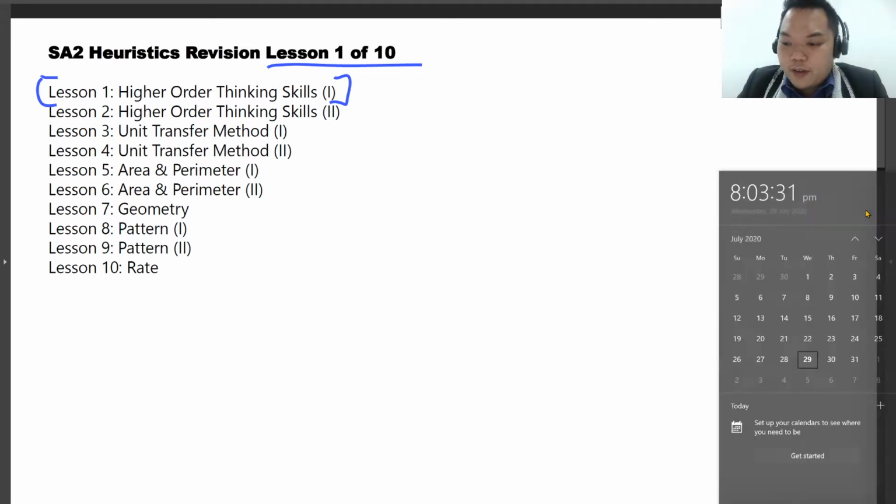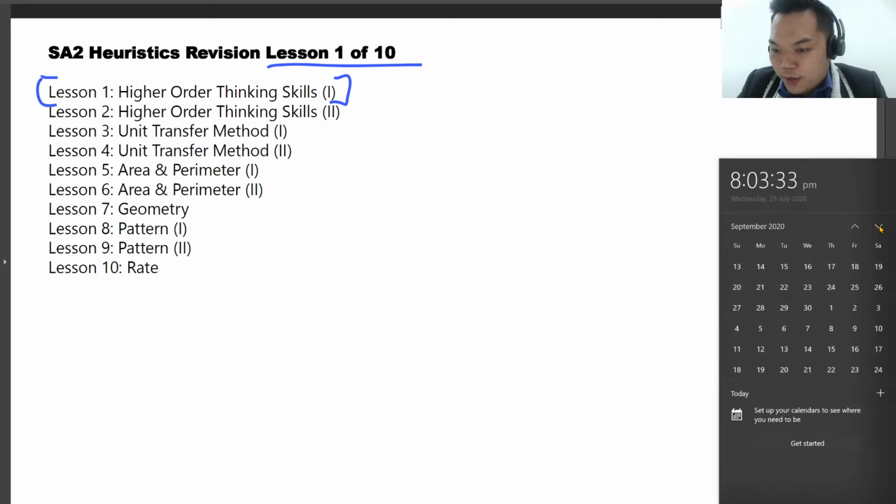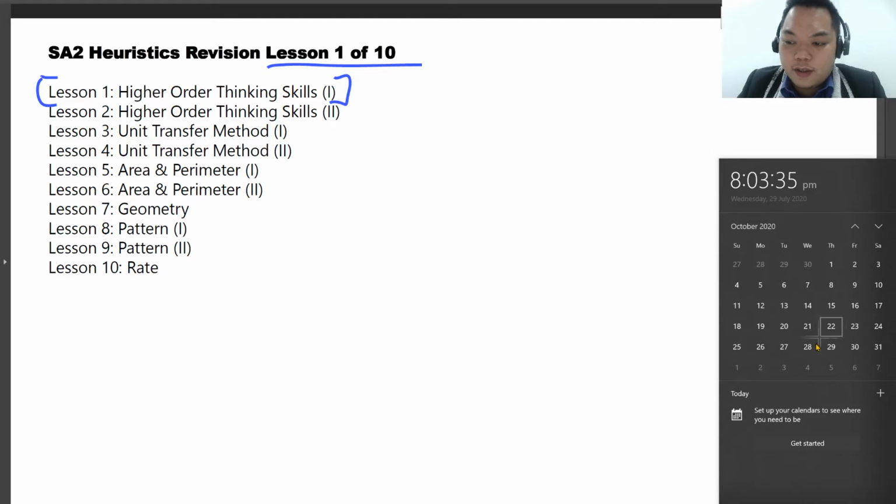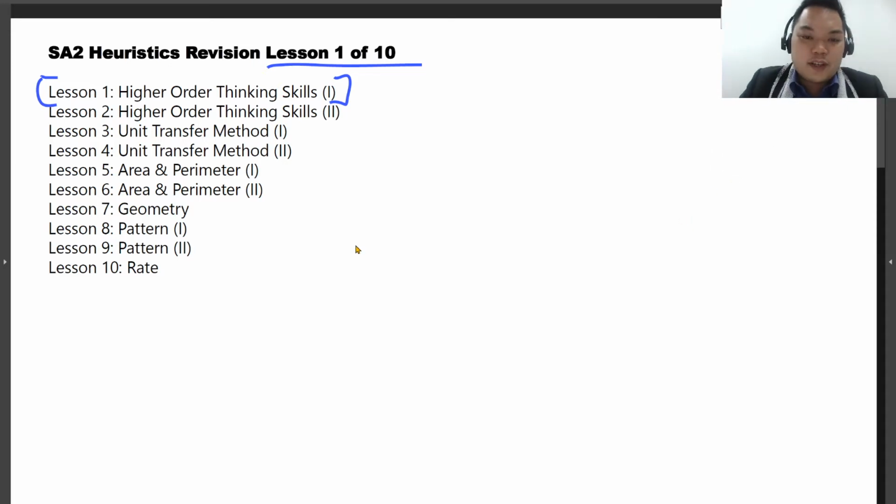For the P5s, your SA2 will probably fall at the end of October to early November. Today we'll cover a set of higher order thinking skills for you to analyze and break down the problem into workable chunks, then piece together the information and evaluate for what you need.